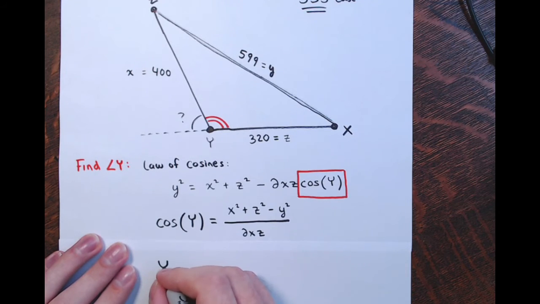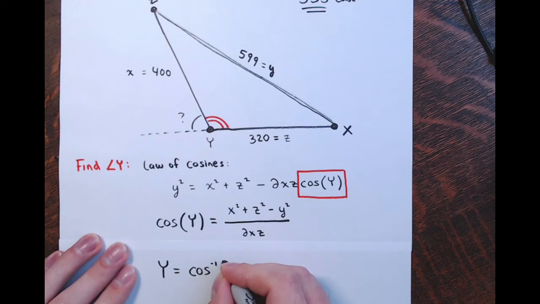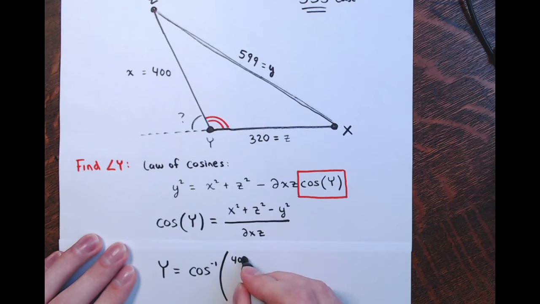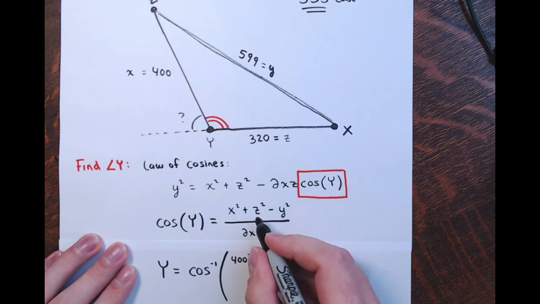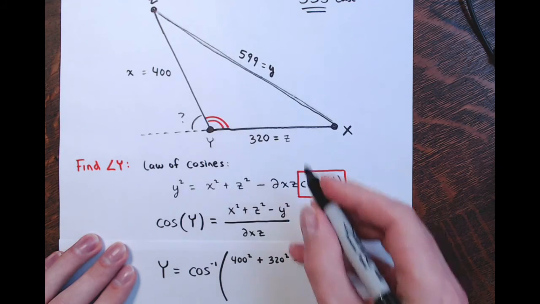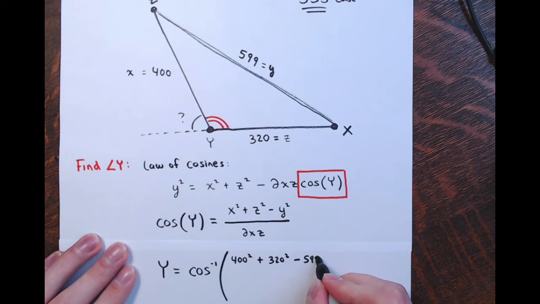So angle y is going to be the inverse cosine of the following fraction. Now x squared would be 400 squared plus z squared, 320 squared, minus little y squared, which is 599 squared.